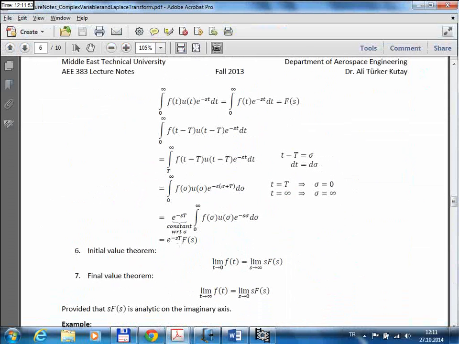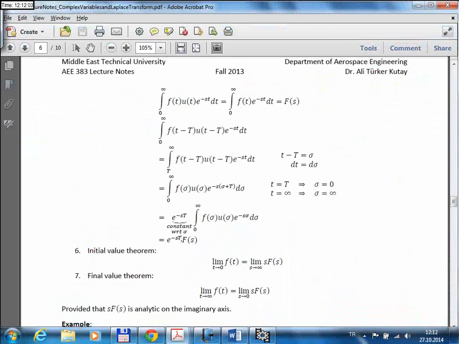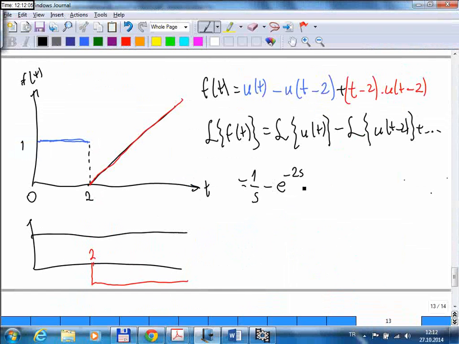If I shift it by 2 seconds, then I should get e to the power minus 2s times the transform of the function, which is 1 over s.